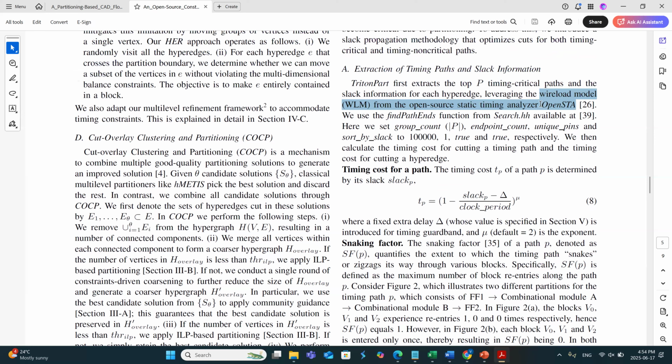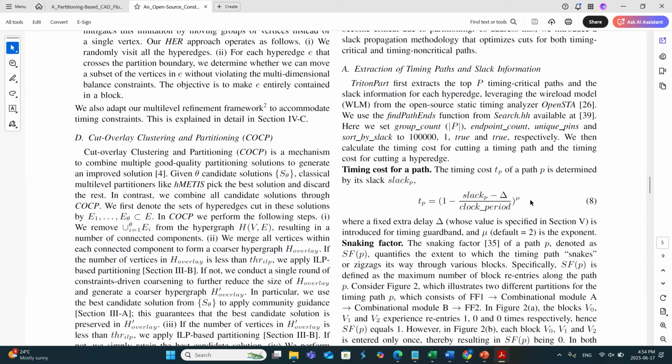This will mean that OpenSTA will use a bigger delay for nets with more fan out and so on. It's going to be a pretty crude delay model, but it will capture that this path has 12 nodes in series and has high fan out on some of the hyperedges. They get a slack, normalize that by clock period, and then take 1 minus that to some exponent. This is very similar to the criticality computations in VTR.